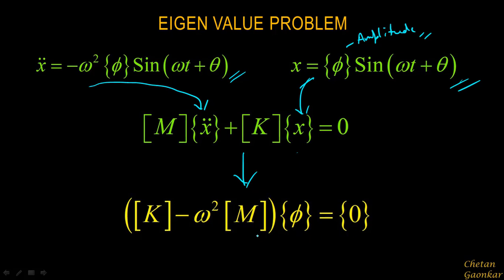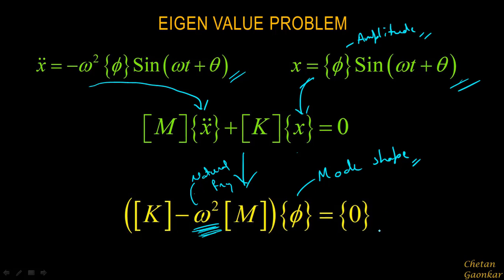Now you see here, what we have done is, we have successfully converted this problem, which was in the time domain, into the frequency domain. This equation is a function of frequency, right? And this omega will give us the natural frequencies, whereas this phi will help us get the mode shapes, or how the structure behaves for a particular natural frequency.